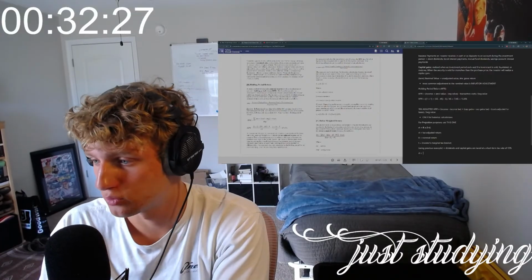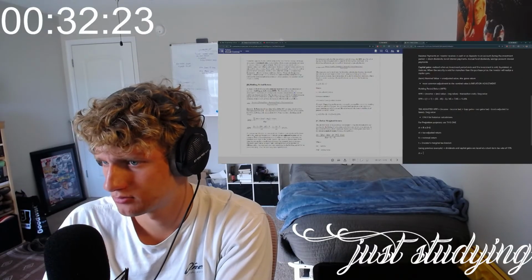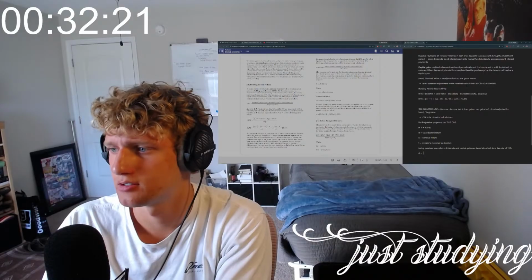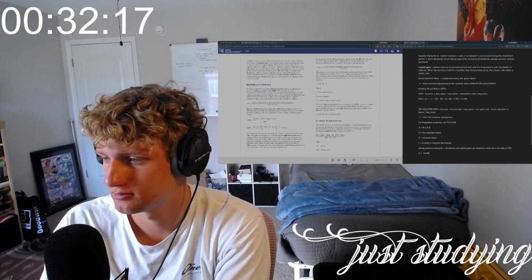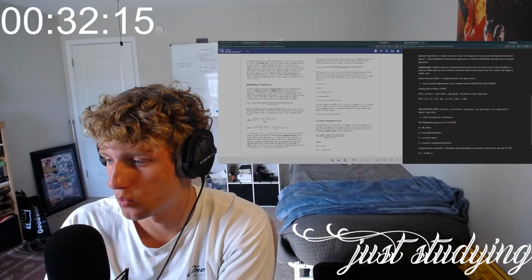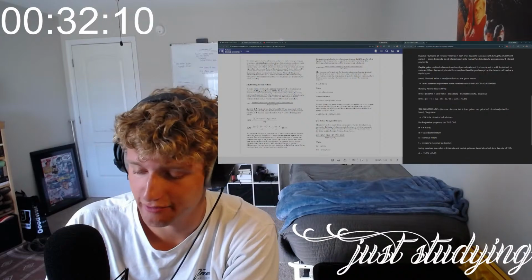So RT equals nominal return, which is 15.6, allegedly it is, times 1 minus the investor's marginal tax bracket. So that's that 15%.